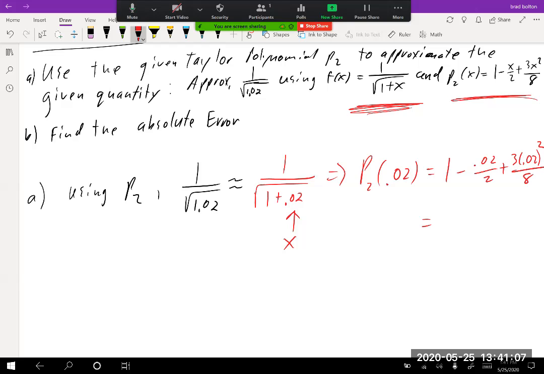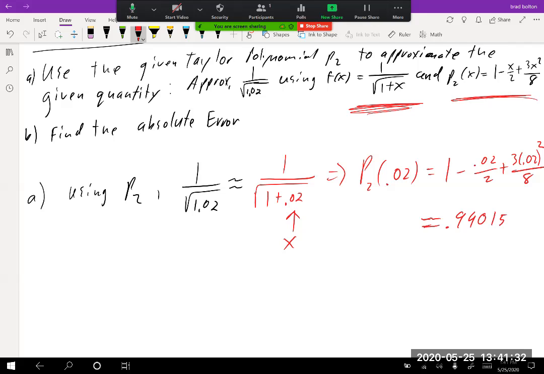And let's see what we get on our calculators. We get 1 minus 0.02 divided by 2 plus 3 times 0.02 squared divided by 8. So I get approximately 0.99015.